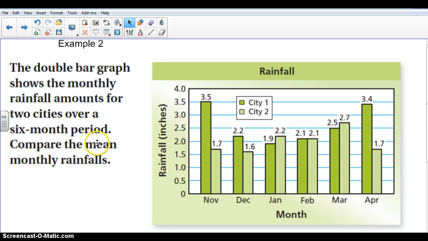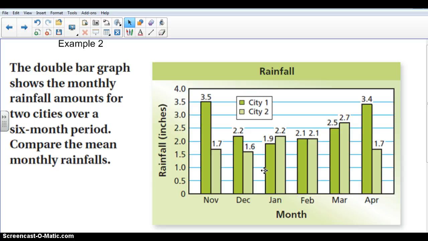Okay, in this case, you would do all the dark greens, add them together, and this is on page 398, figure out the mean. In city 2, you would add all the light green. So in city 1, the mean is 2.6 inches.